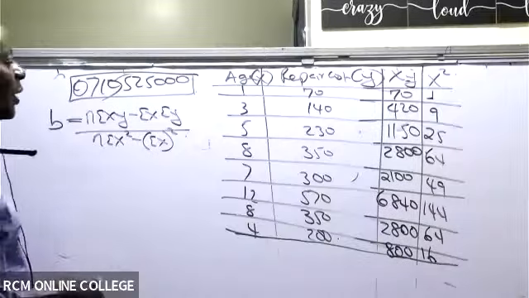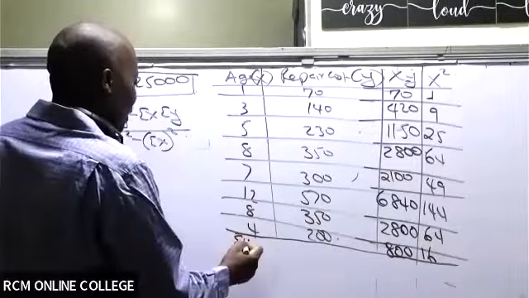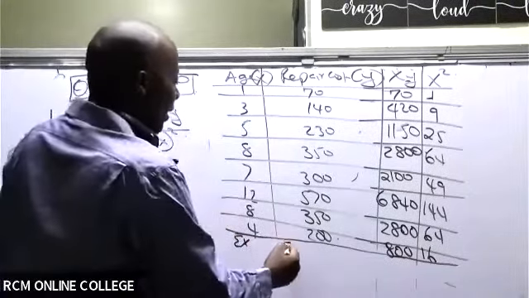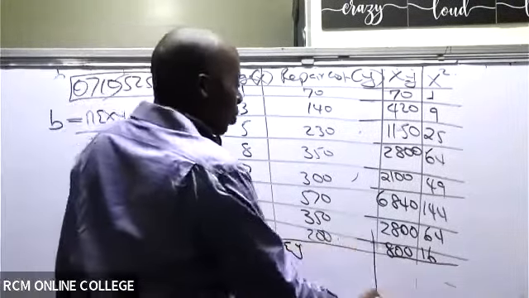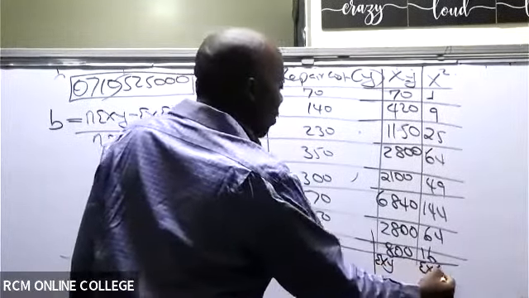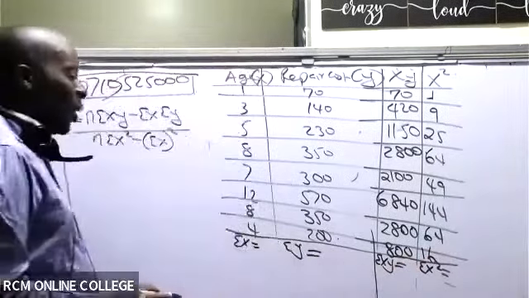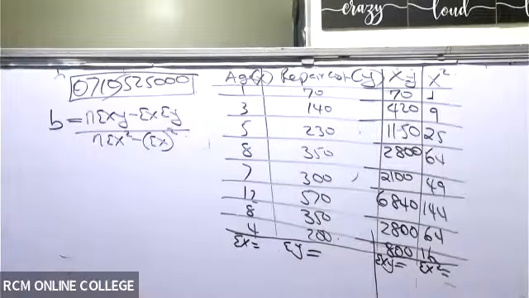So then we need now the summations. I would need the summation of x, the summation of y, the summation of xy, and then lastly, the summation of x squared. Can we have ninjas doing different ones? Let's start with sum of x.